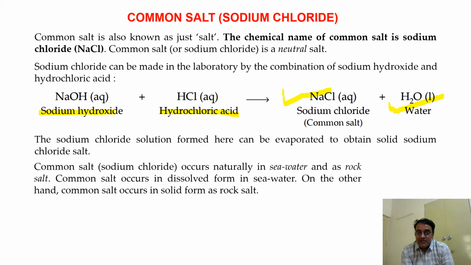Common salt occurs naturally in seawater and as rock salt. Common salt occurs in dissolved form in seawater. On the other hand, common salt occurs in solid form as rock salt.